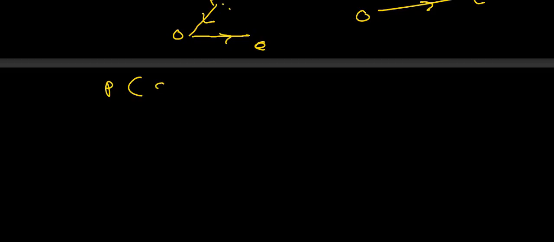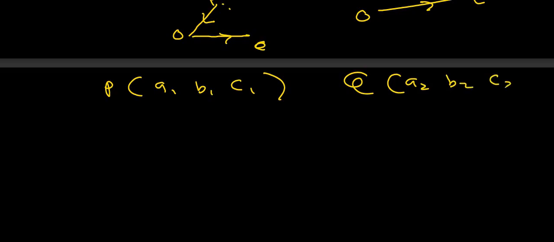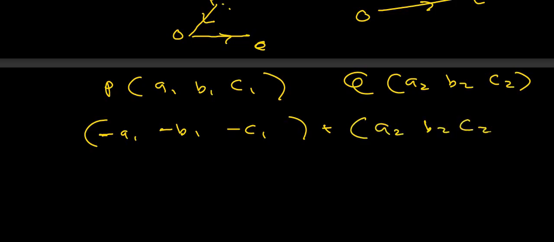Your P, which was A1, B1, and C1, and your Q, which was A2, B2, and C2. We add them up, considering that the first one becomes negative now because we reversed it. So we take this as negative A1, negative B1, negative C1.